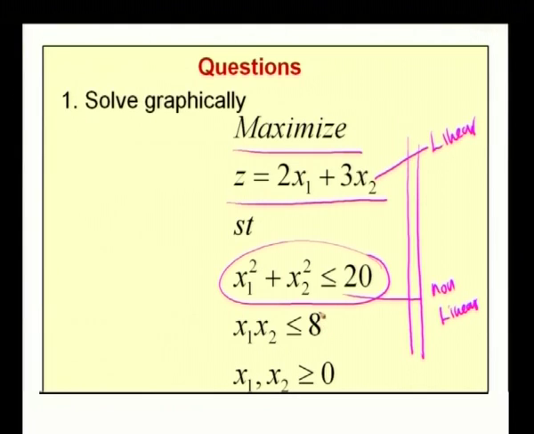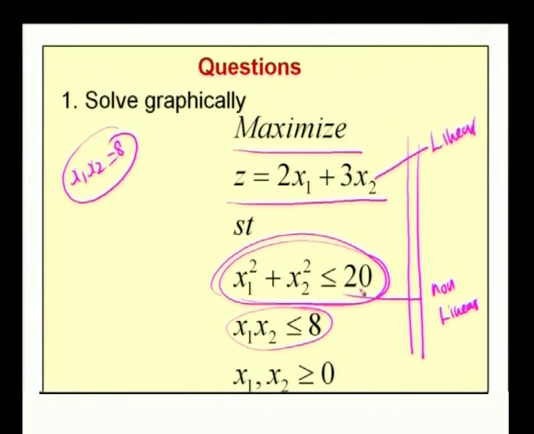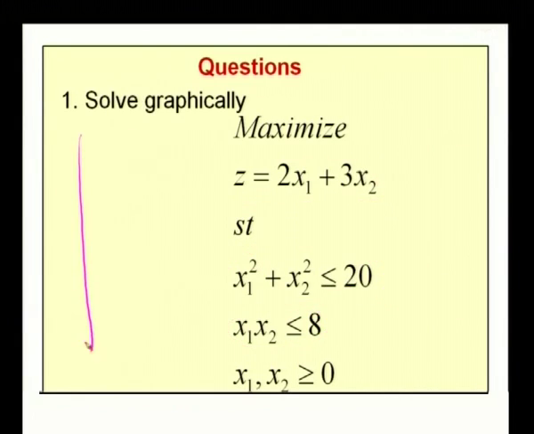Now, the equation x1 x2 equal to 8 is nothing but a rectangular hyperbola, wherein the coordinate axes are its asymptotes, and the equation x1 squared plus x2 squared equal to 20 is nothing but a circle with center origin and radius root 20.